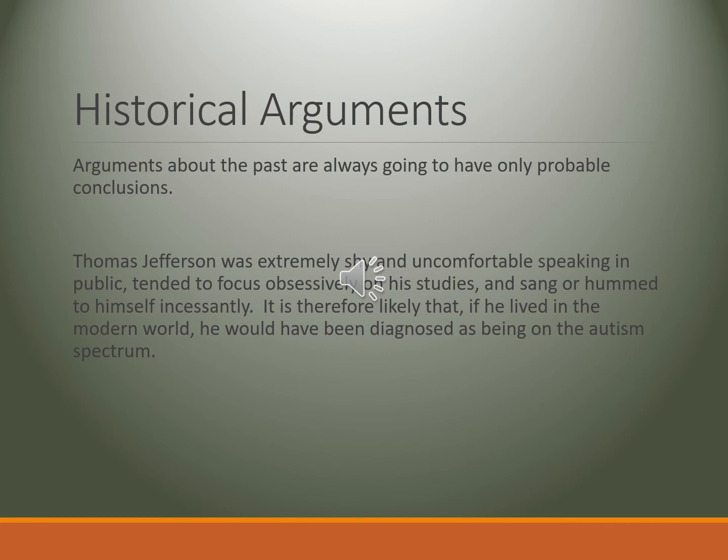Conclusions about, say, the cause of death of King Tut, for example, which happened thousands of years ago, are always going to be extremely speculative and based on historical reconstructions. So the further back you go, the more sketchy the record gets, and therefore the more cautious we should be about any conclusions. So whenever anybody says something with absolute confidence about the past, you should be skeptical about that, because we always need to be a little bit cautious about these kinds of claims.